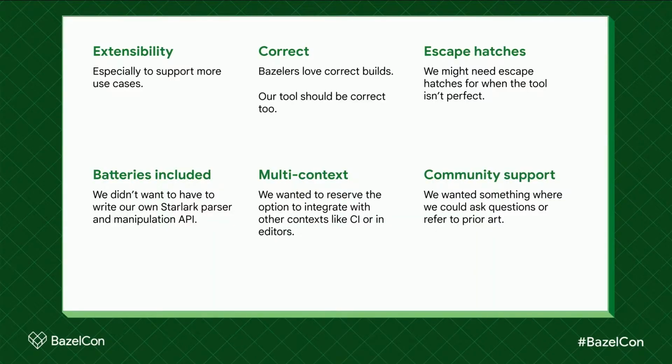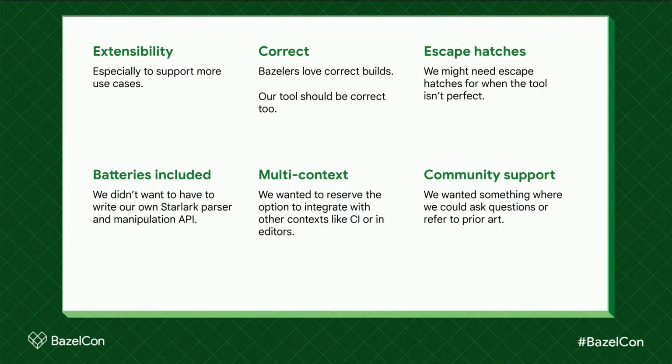Then we have a laundry list and a long tail of other requirements, things like we want it to be extensible. We want to potentially be able to run this in multiple contexts like continuous integration or remote dev boxes. And we wanted to have features to build on. So when I say things like escape hatches, I mean things like Gazelle directives or configuration.